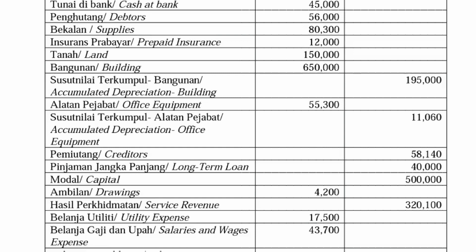So see here, the building value is 650,000. So 10% is 65,000. So there are two items. You have to record depreciation expense for office equipment 11,060, and the building is $65,000.